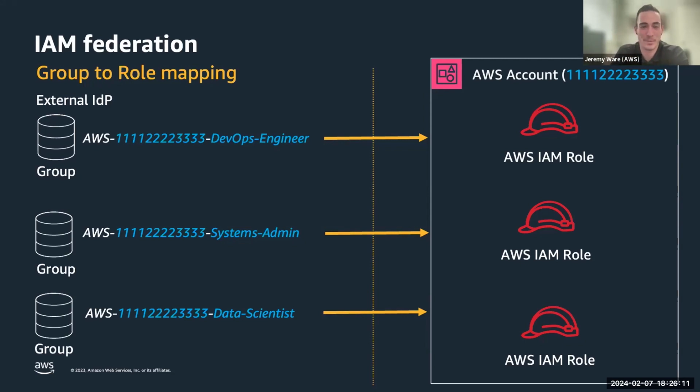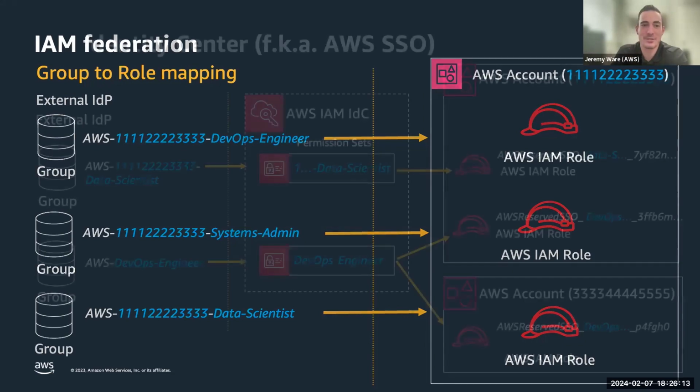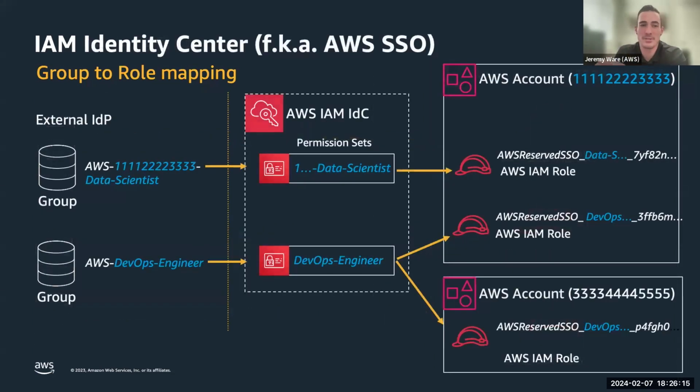So very common problem. So what AWS did to help alleviate some of that stress is the introduction of Identity Center, formerly known as AWS SSO. What Identity Center allows you to do is it is deployed in your management account. It is the one instance per your organization for workforce ingress into AWS.